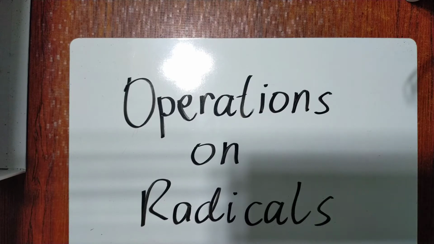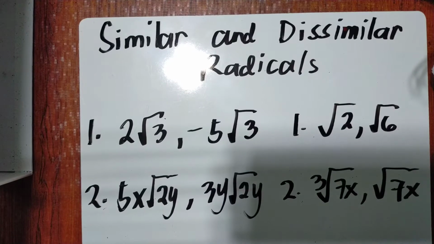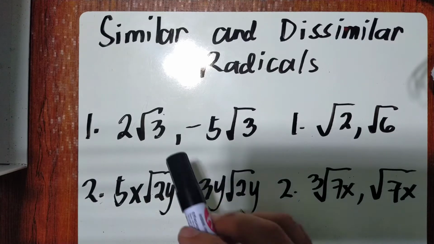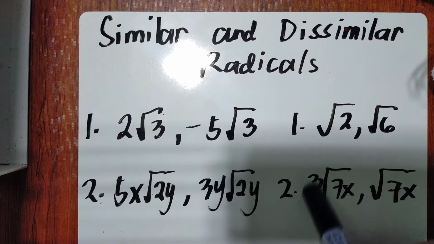So let's start. Okay, so before we proceed with the addition and subtraction of radicals, let's discuss about the similar and dissimilar radicals. So there are four examples here. 1, 2, and another 1, 2.